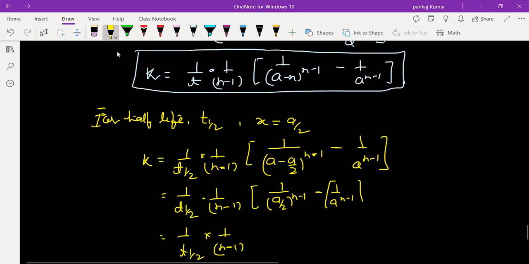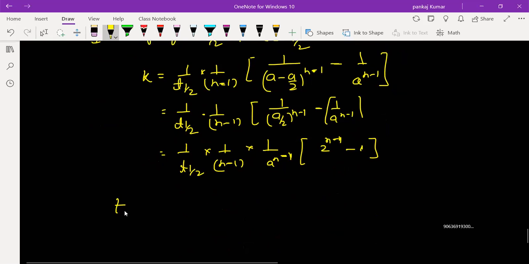Better we take the factor also. 1 by a to the power n minus 1 is outside, common, and here will be 2 to the power n minus 1, isn't it? And this will be minus 1, correct? Yes. Got it now?